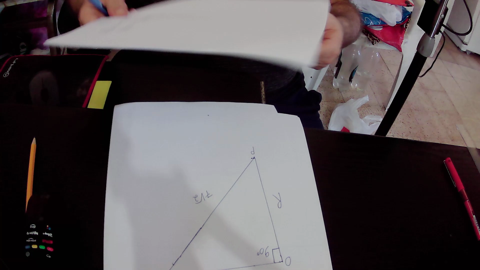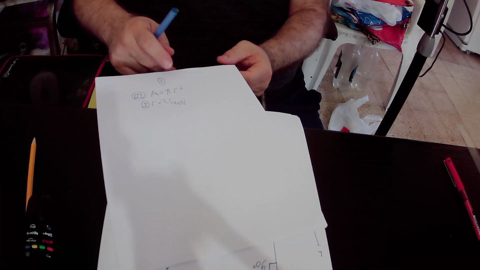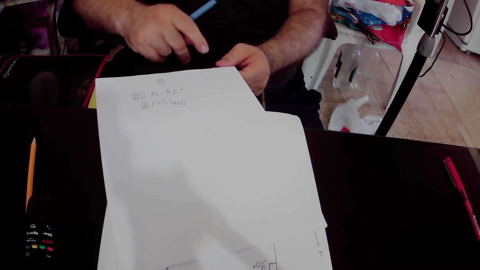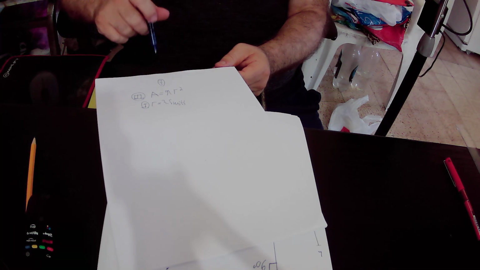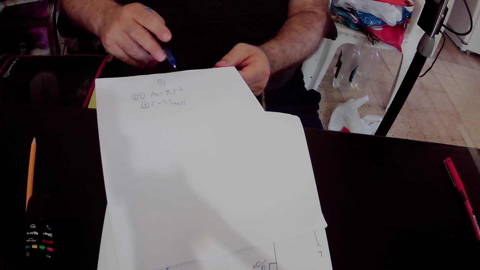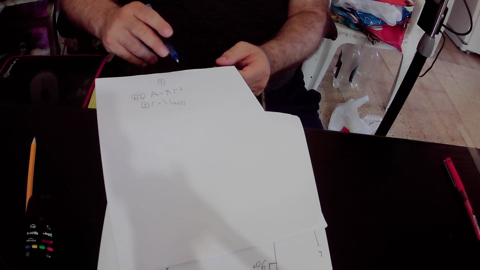So we know that the area of a circle equals pi times the radius squared. But we also know that the radius of the yellow circle equals 3.5 units. So we can substitute r in the formula of the area of the circle by 3.5 units.